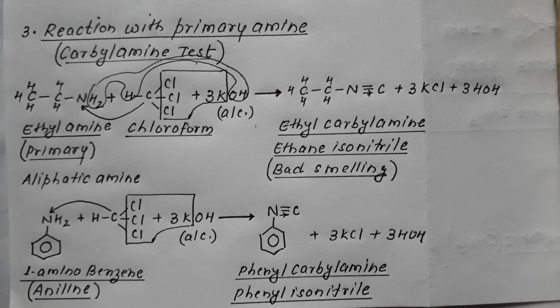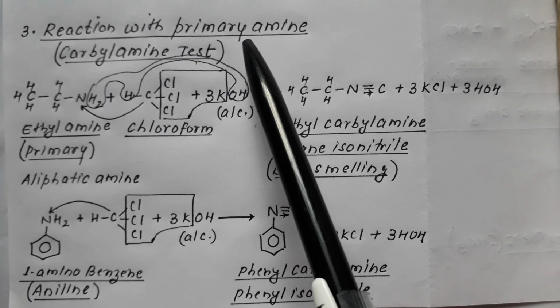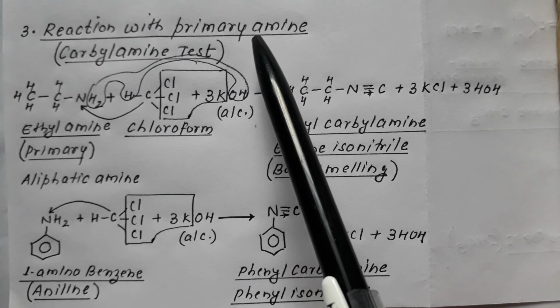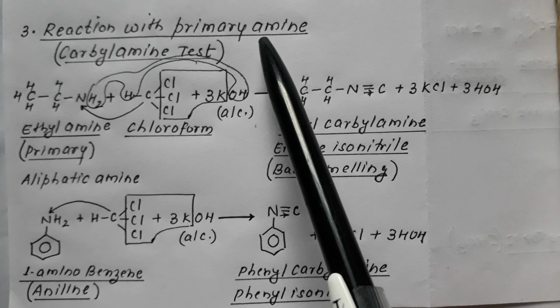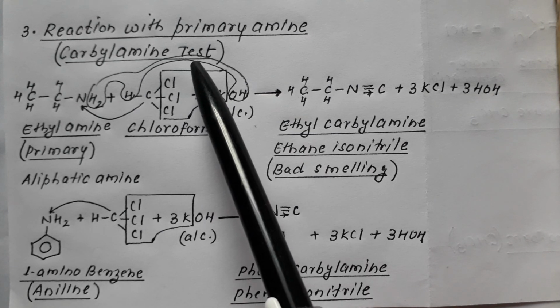This is the carbylamine test. A very important reaction in chemistry, a very decisive property. Now, what is it? Remember, whenever we have a primary amine, we are dealing with the reaction of a primary amine with chloroform, which is also termed the carbylamine test.